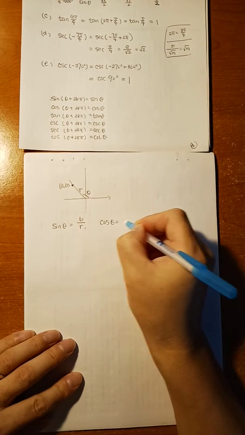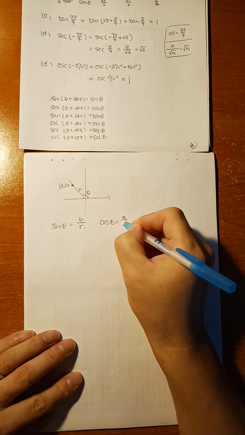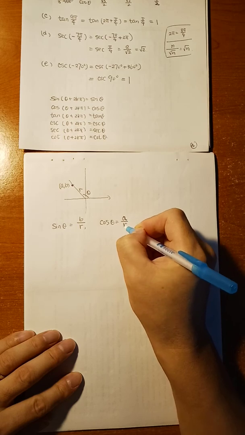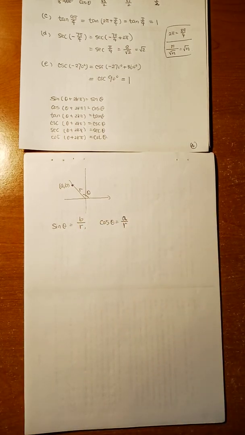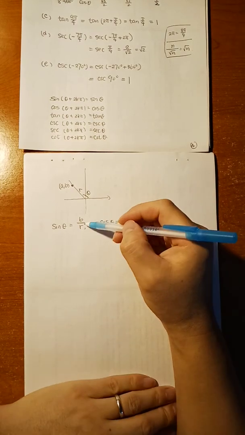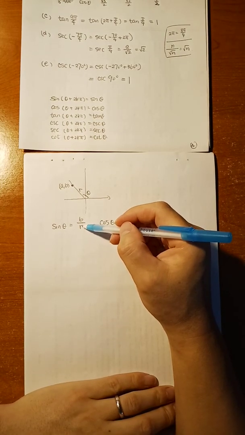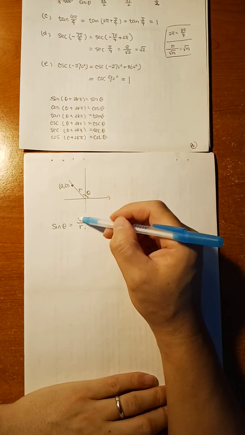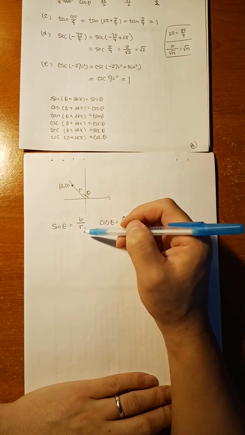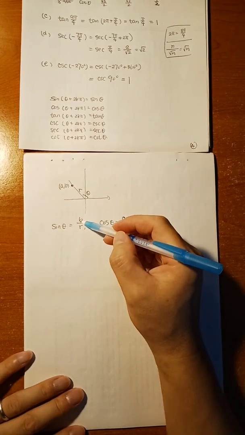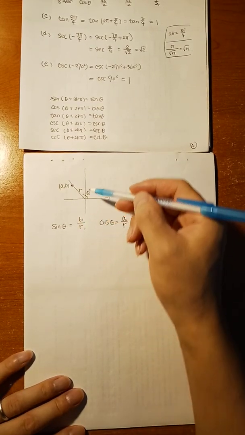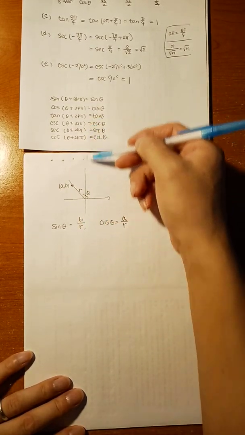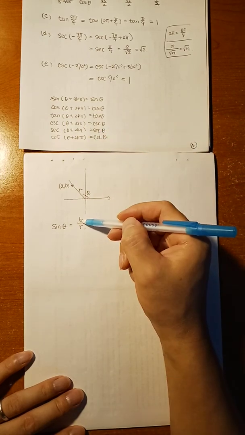Cosine theta is x coordinate over r. Y coordinate over r, x coordinate over r. Okay, so let's check. R is always positive. Then if b is positive, sine is positive. If b is negative, sine is negative. So we get that where b is positive, b is a y coordinate. When the point is above the x-axis, b is positive.